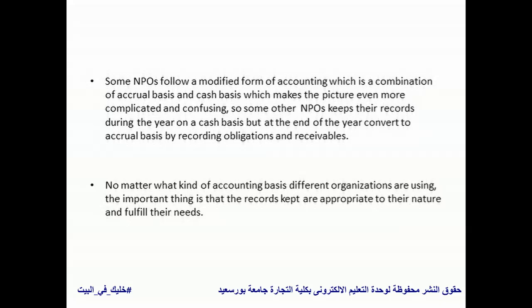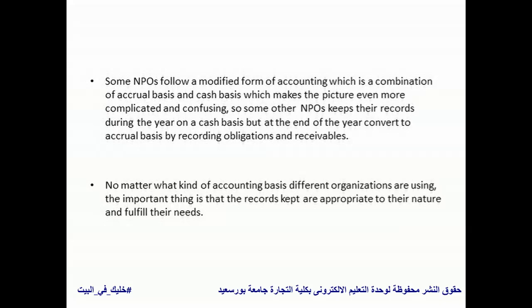Some NPOs follow a modified form of accounting, which is a combination of accrual basis and cash basis. So, we have discussed that the small NPOs use cash basis, and the medium and large NPOs use accrual basis.